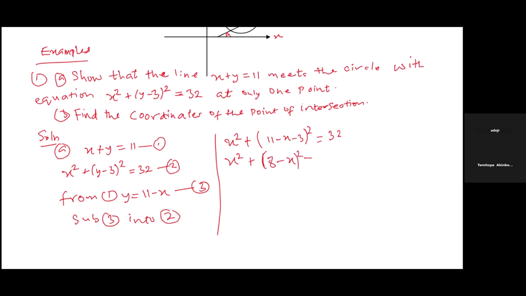So x squared plus, now expand that, 8 squared, 64. 8 times minus x times 2, minus 16x. Then x squared plus x squared here equals 32. x squared plus x squared will give us 2x squared minus 16x.